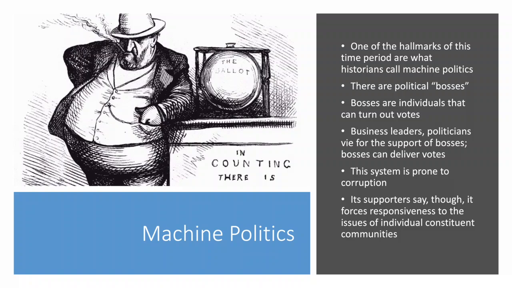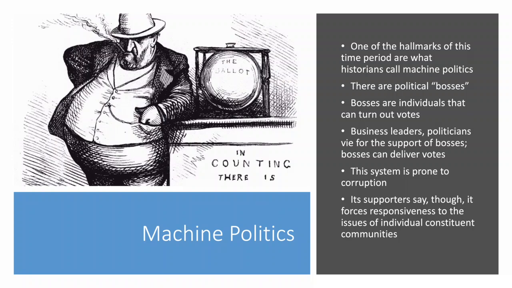And these people had incredible influence, incredible power within their community. They could translate that into political power as they saw fit. So what you end up with in the late 19th and early 20th century is business leaders and politicians vying for the support of these bosses so these bosses can deliver votes.